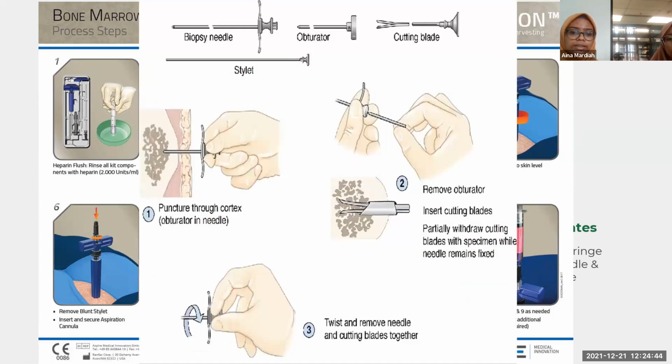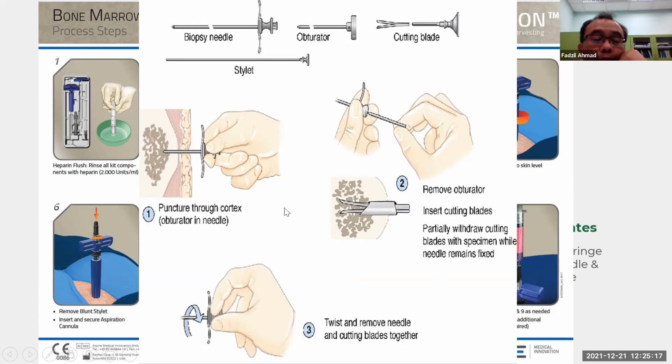Next, for biopsy, we insert a biopsy needle to the same site and puncture the site, rotating clockwise and counterclockwise. Then we pull the needle gently to get the biopsy sample, which is the bone marrow.